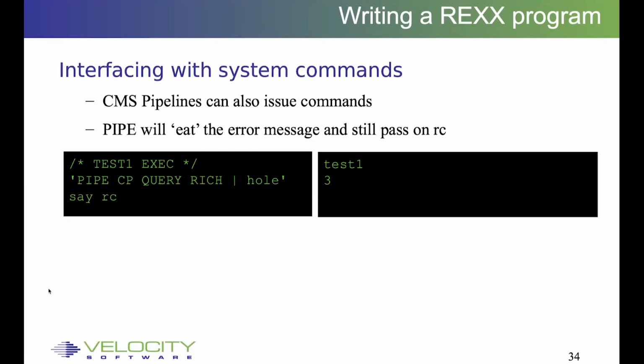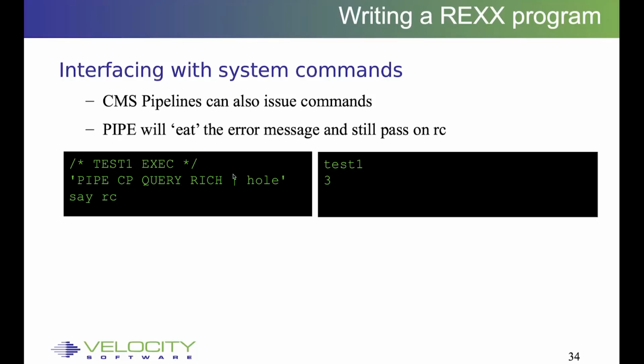Now, something that's quite a bit easier is just to use CMS pipelines. CMS pipelines can also be used to issue CP commands. The pipe command itself will eat the error message, but still pass the return code back to you. So very simply, pipe and then the CP command, and we have to have CP here.